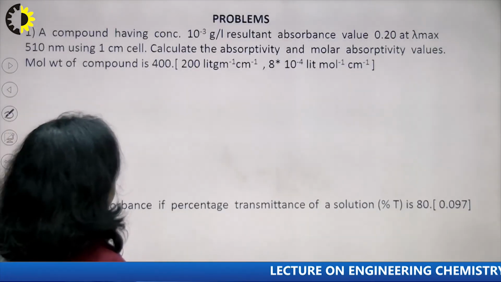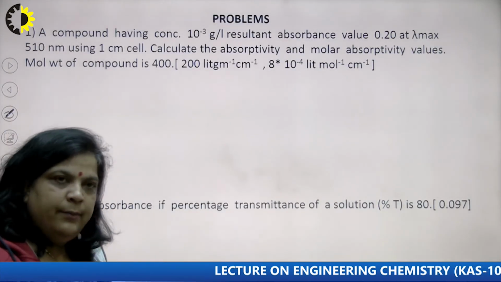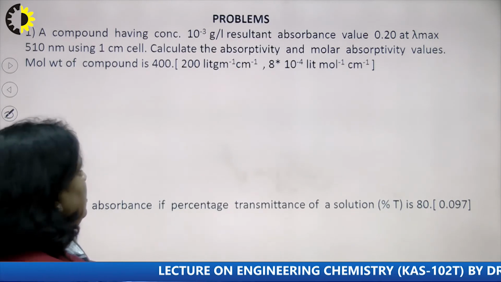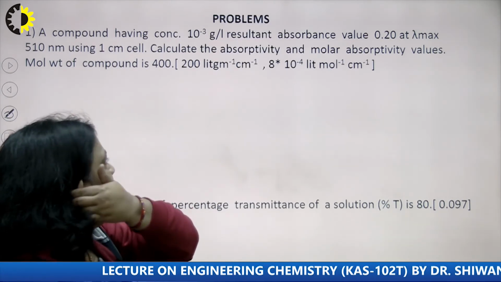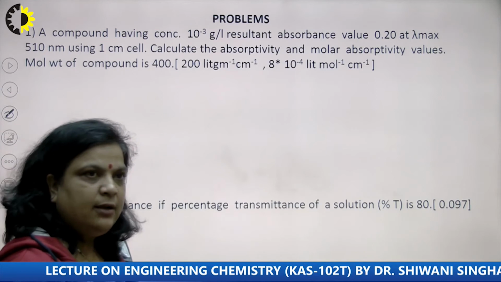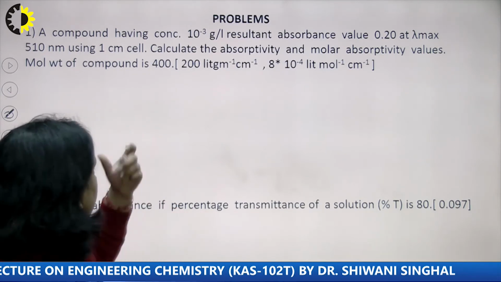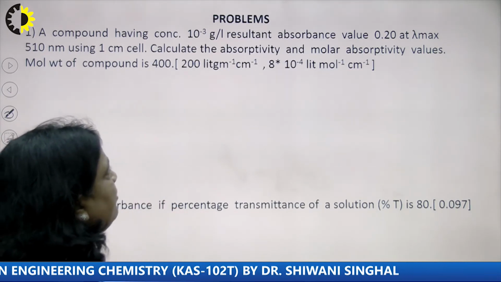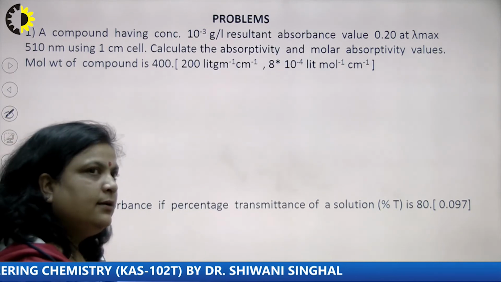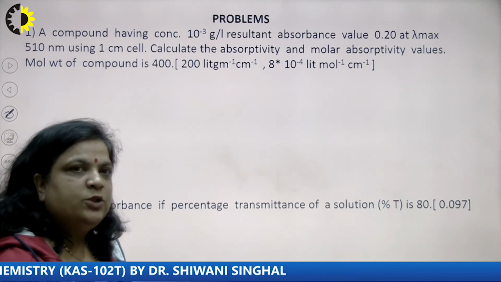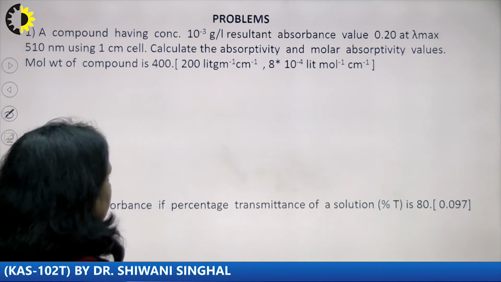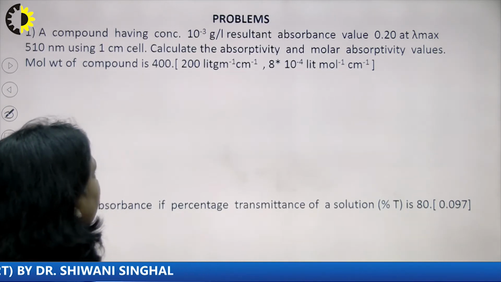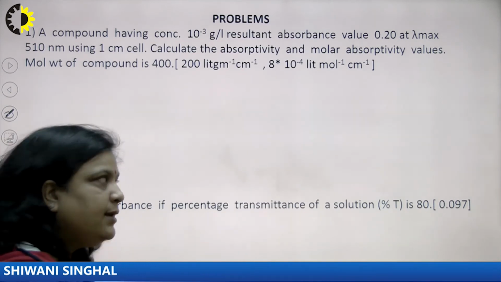Now, there are two numericals based on this Beer-Lambert law. The first numerical is very simple, and this is in Shashi Chawla, you can see. A compound having concentration 10 to the power minus 3 gram per liter. The resultant absorbance value is 0.20 at lambda max 510 nanometer using a 1 centimeter cell.